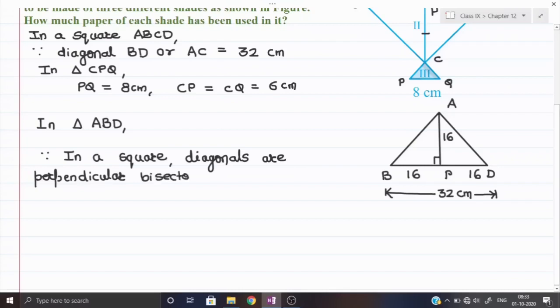Diagonals are perpendicular bisector of each other. Therefore, see what we can say.